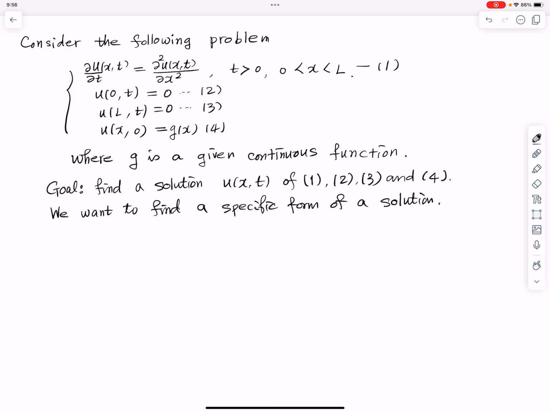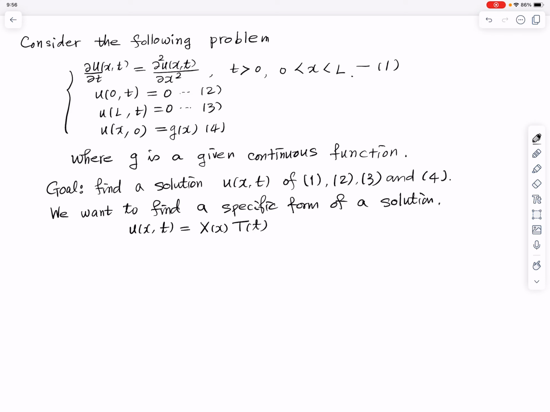Which is separation of variables. So u(x,t) is separated into two functions, X(x) and T(t). X is a function of only the x variable, T is a function of only the t variable.